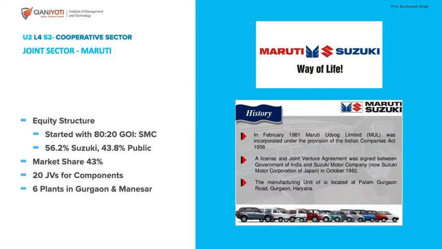And then the joint venture agreement was signed in 1982, and the plant that we have is in Gurgaon, the biggest plant. So in all, they have around six plants, and the market share, as you know, has been around 40 to 50%. And they have around 20 joint ventures for the various components for the cars which they manufacture.